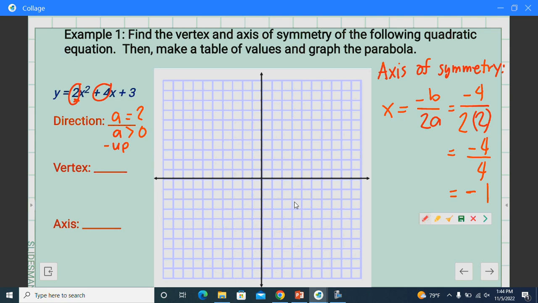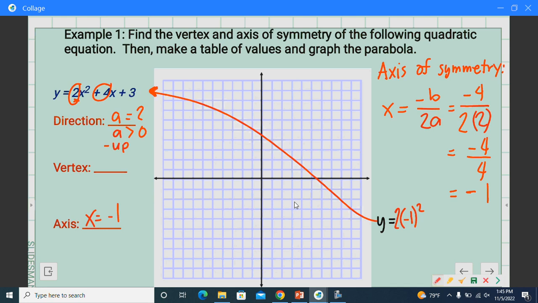Our axis is negative 1. Now, let's plug x is equal to negative 1 into y. We have there y is 2 times x, which is negative 1, squared, plus 4 times negative 1 plus 3.